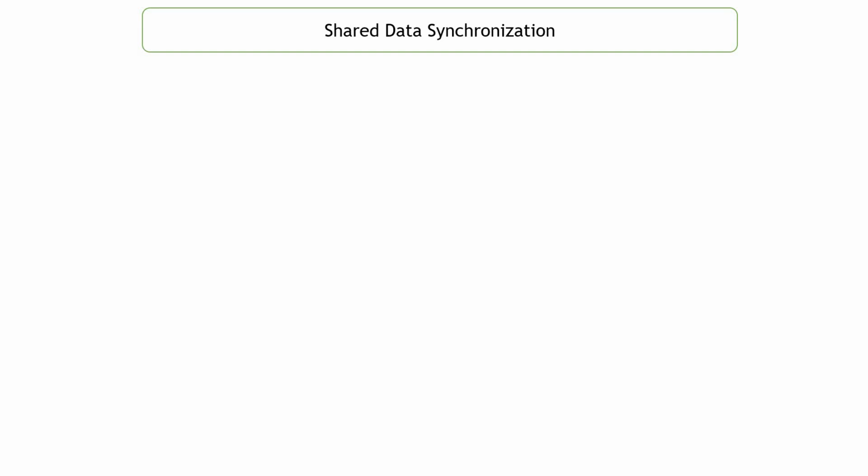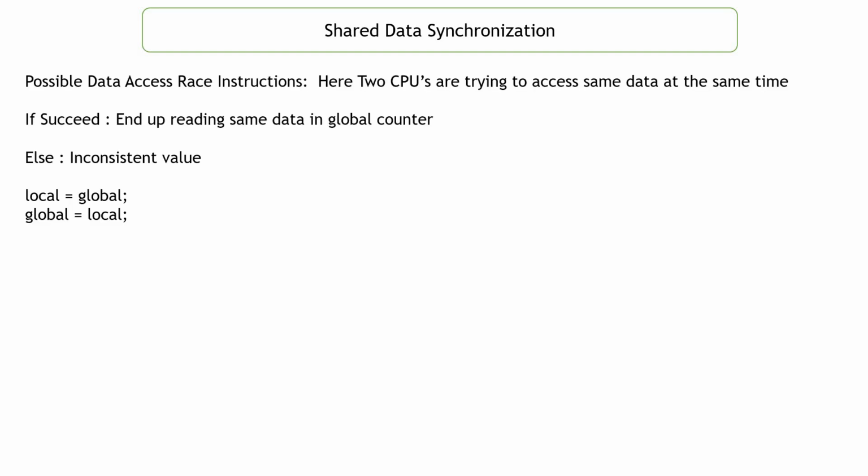In shared data synchronization, consider a case where two CPUs are trying to access the same data at the same time. If successful, then they end up reading the same data in the global counter, else an inconsistent value is encountered.